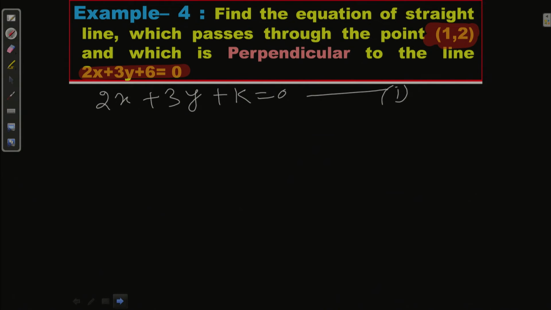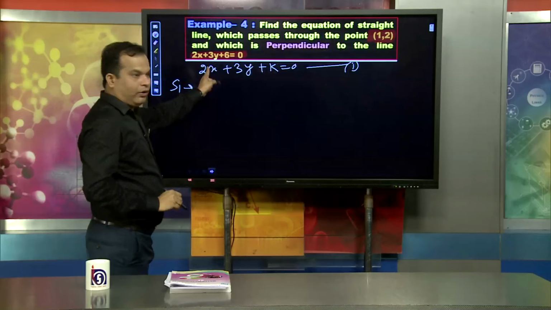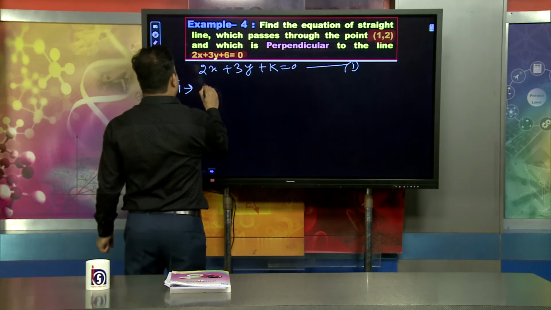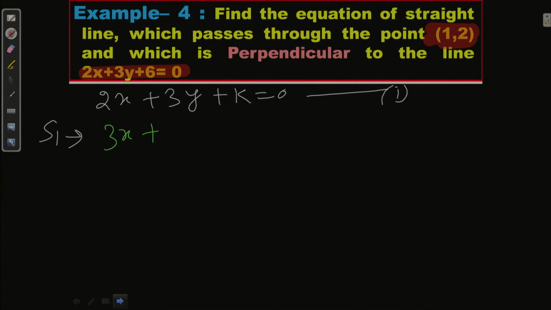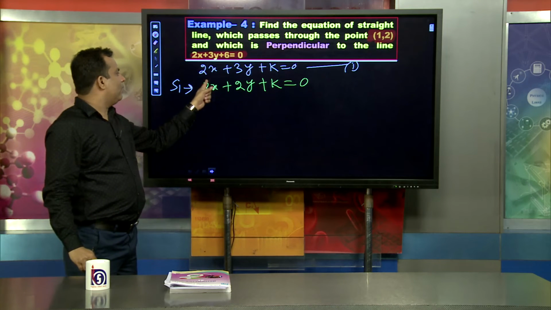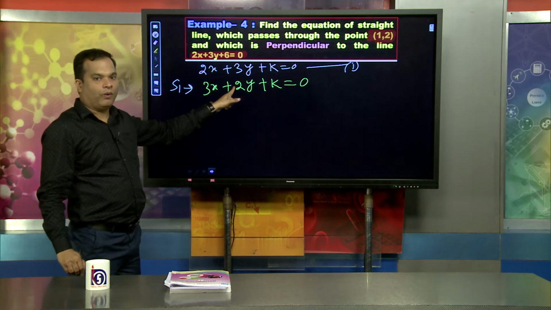Step 1, you know what it will be. Step 1 we have already discussed. The coefficients of x and y will be interchanged. So I can write 3x plus 2y plus k equal to 0. We have interchanged. You see, the coefficient of x was 2, now it becomes the coefficient of y.